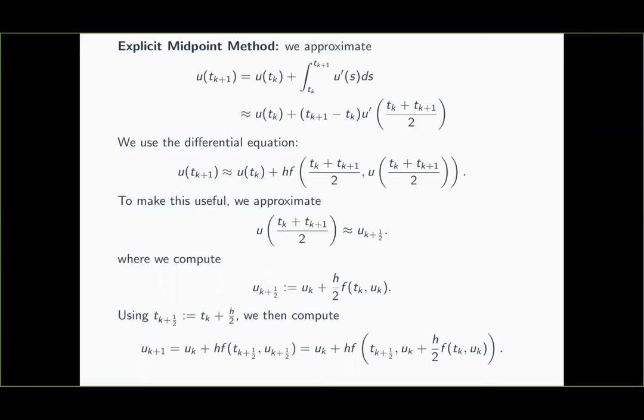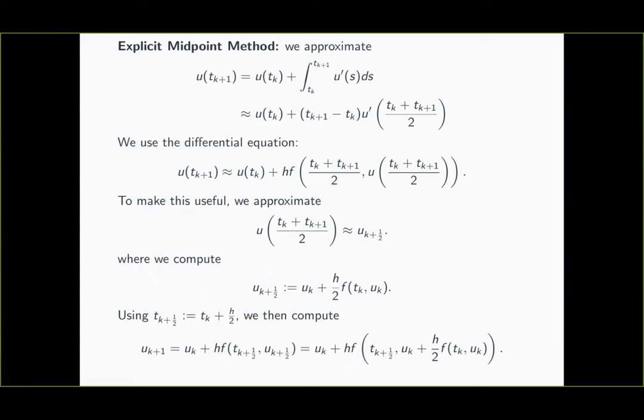So we make another additional approximation, namely we say that u at time t_k+1/2 is roughly the same as some value which I call u_k+1/2. That's just notation. And u_k+1/2 is defined as u_k plus h/2 times f(t_k, u_k), where u_k is the approximation that we have obtained in the previous iteration. To make this formula a bit more helpful, let us write t_k+1/2 as an abbreviation for t_k plus h/2. So t_k+1/2 is just the midpoint of the interval.